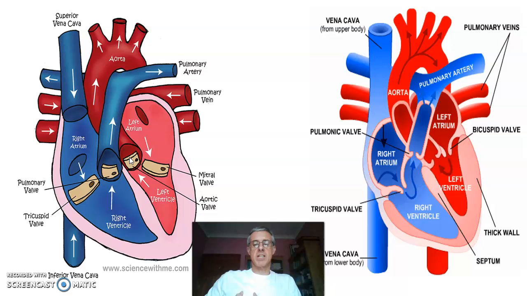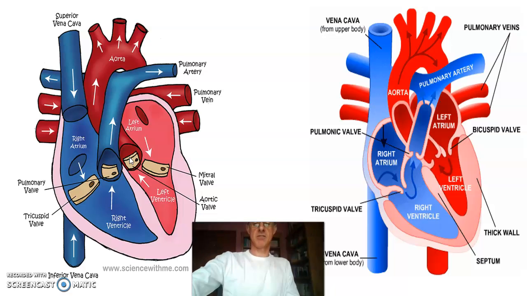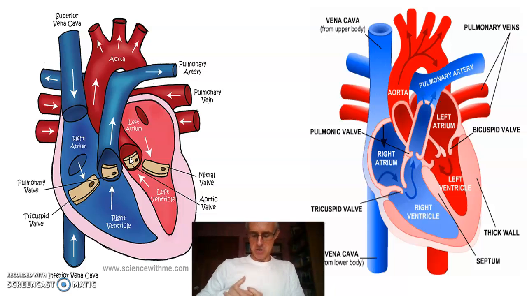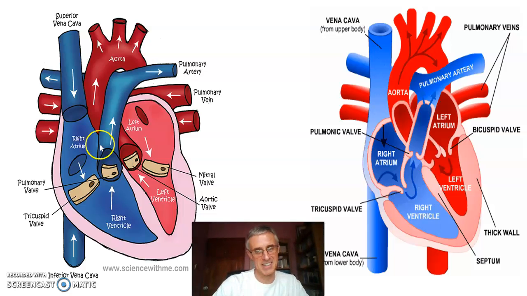So if it was in my chest now, it's slightly over to the left-hand side. And as you look at it now, if it was in my chest, this would be, as I'm looking, the right-hand side of it and the left.